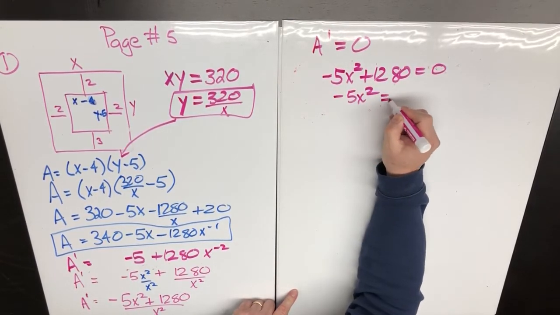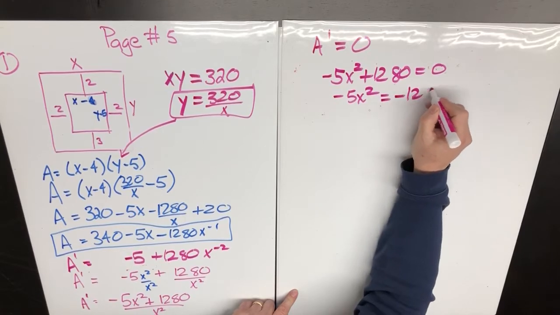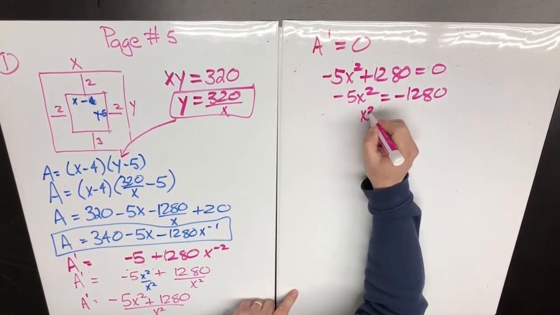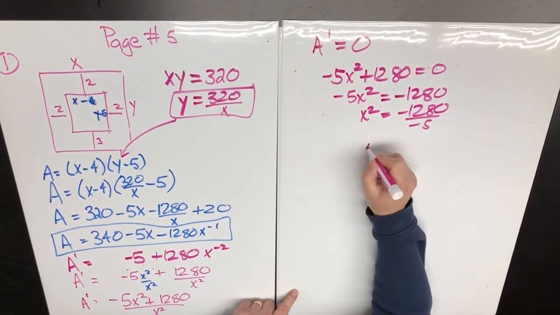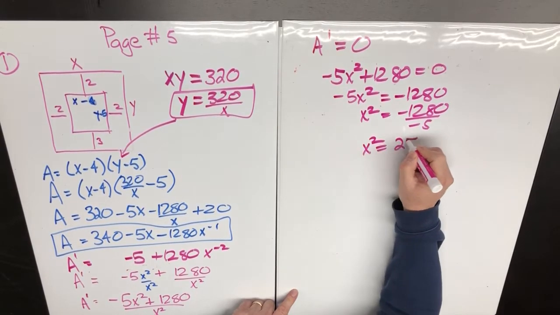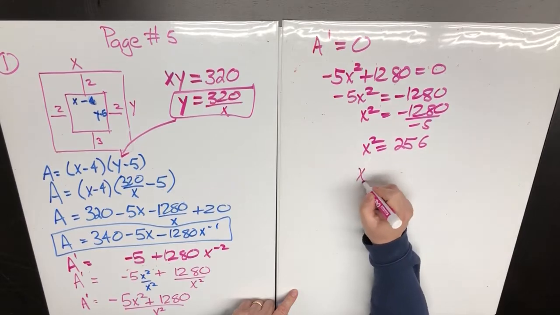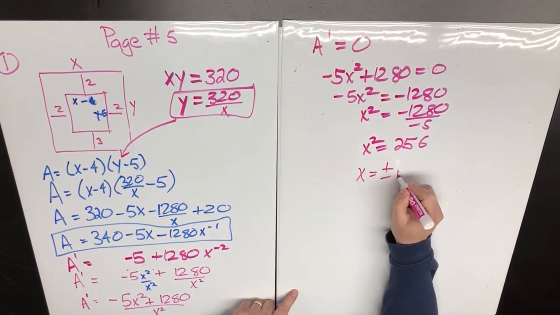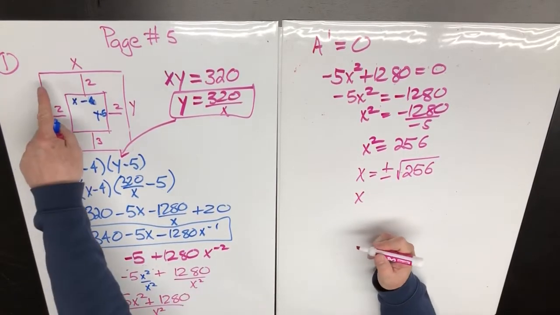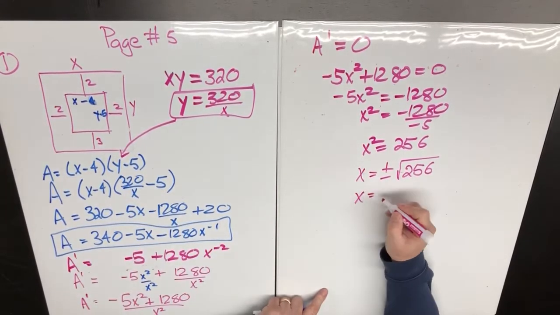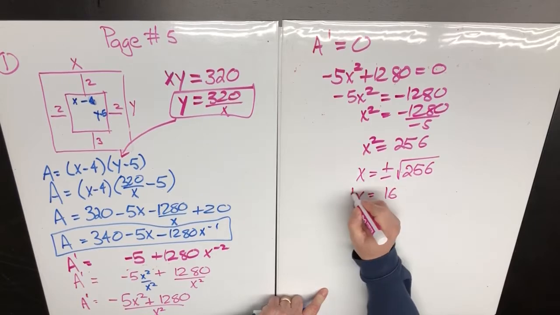We can transpose the 1280 and divide by negative 5, and we get x squared equals 256. So x would equal plus or minus the square root of 256. For us, x is going to be positive, so we are only interested in the positive square root.